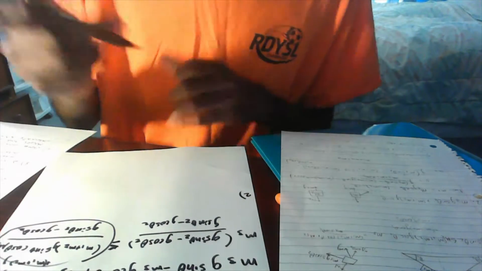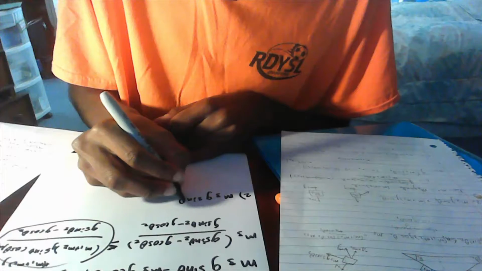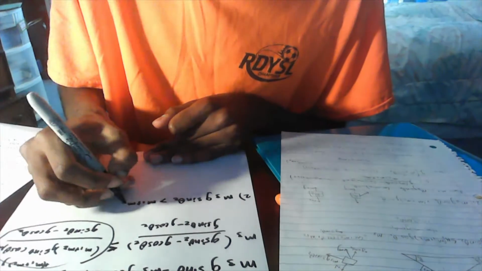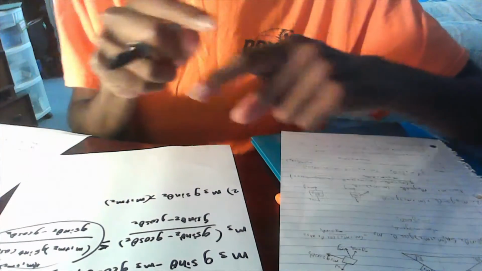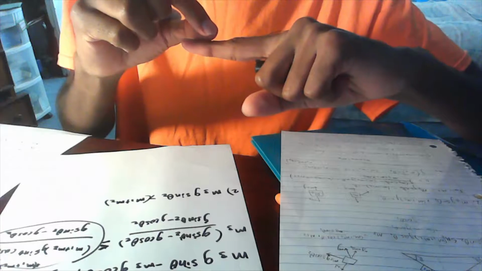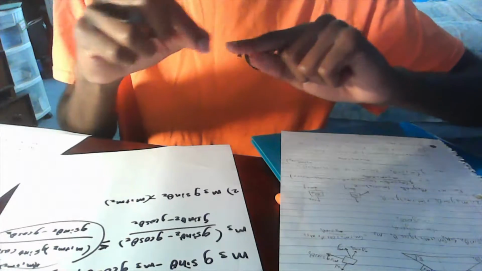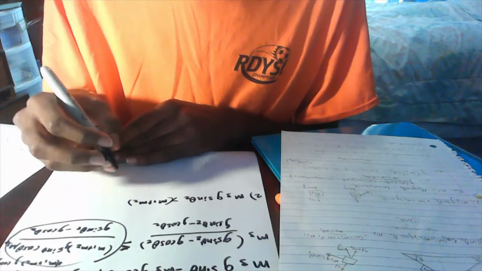So firstly, we get M3g sine theta 2 has to be greater than, and for this we're just going to treat M1 and M2 as one large mass, since there's no movement among the blocks M1 and M2. It's just going to be one large mass. I'm just putting them as a quantity.